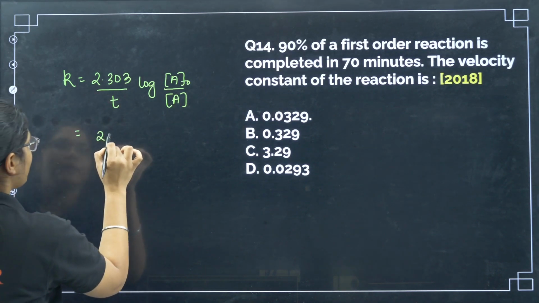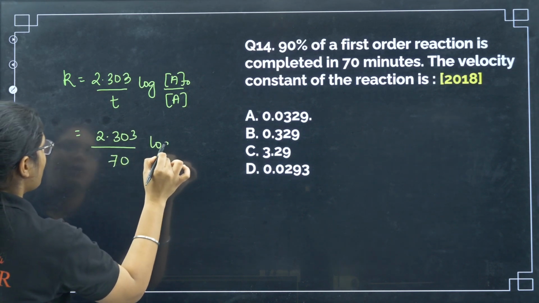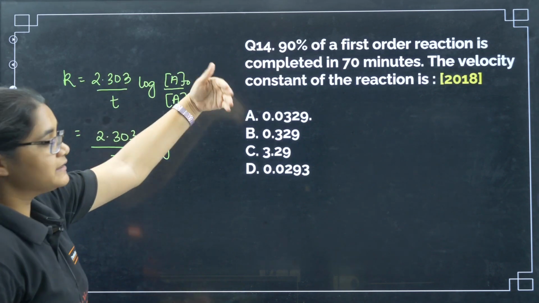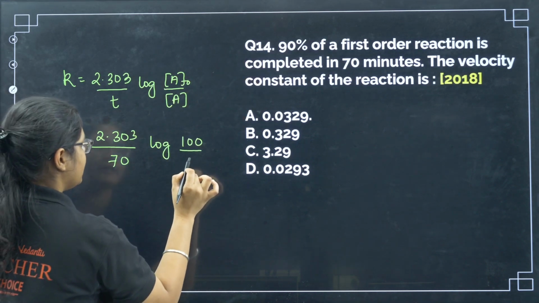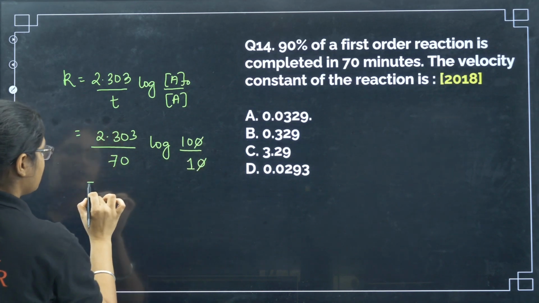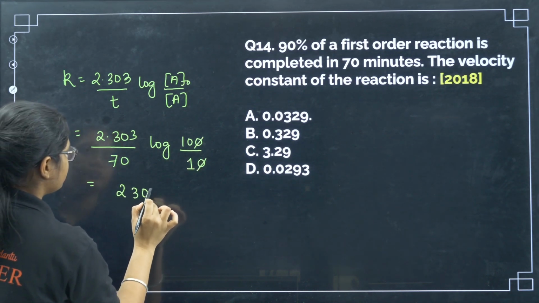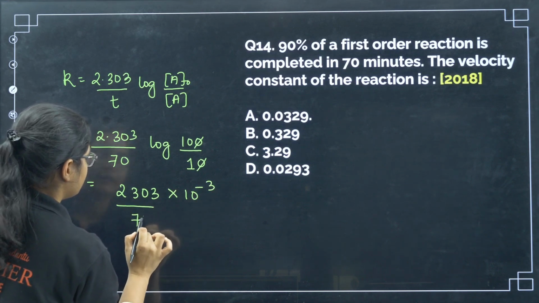Okay. So 2.303 by time, which is given to me as 70, log of... okay, 90% is completed, so 10% will remain. So 100 by 10, 100 minus 90, that is 10. So I will have log 10 which is 1. So here I can write 2303 into 10 to the power of minus 3 divided by 70.